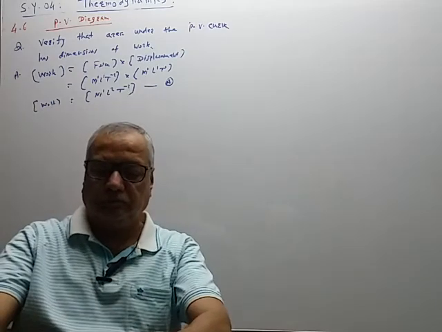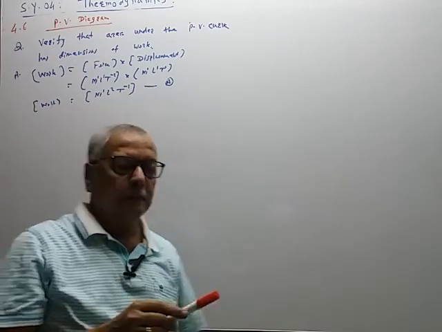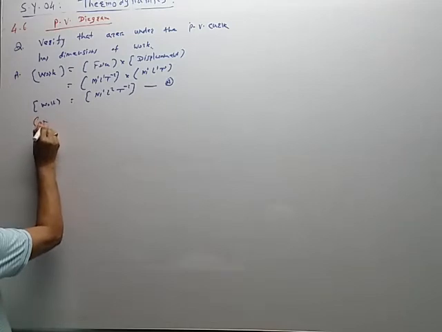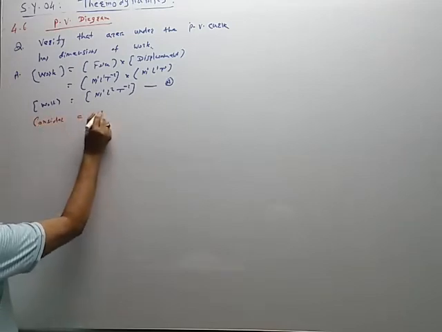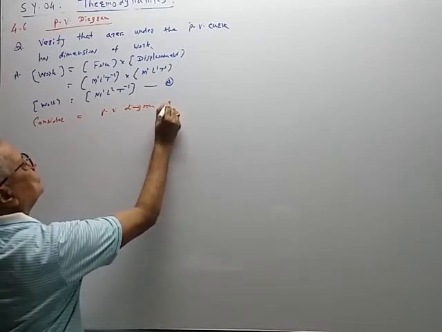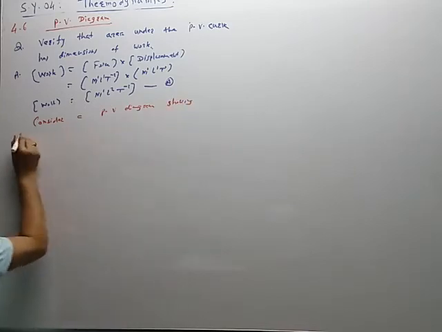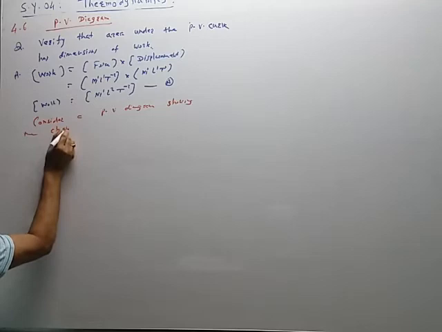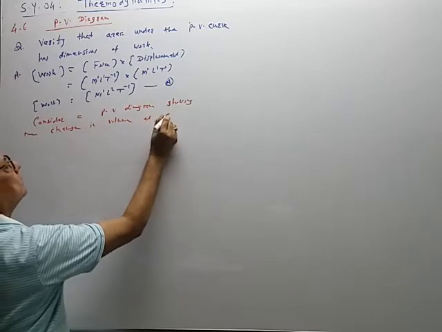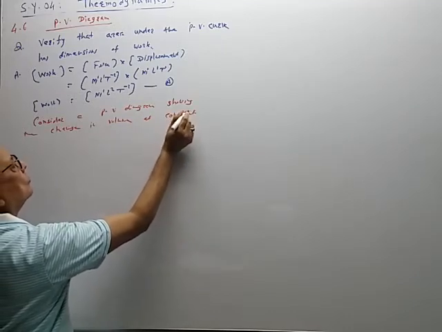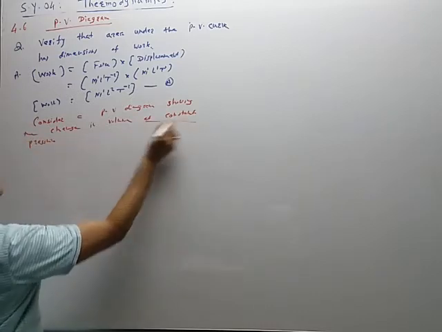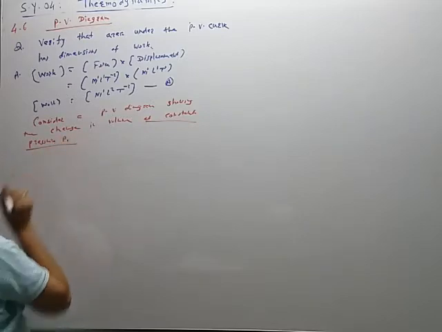Now consider a PV diagram showing the change in volume at constant pressure P1.